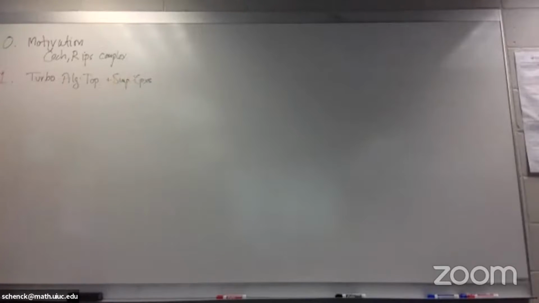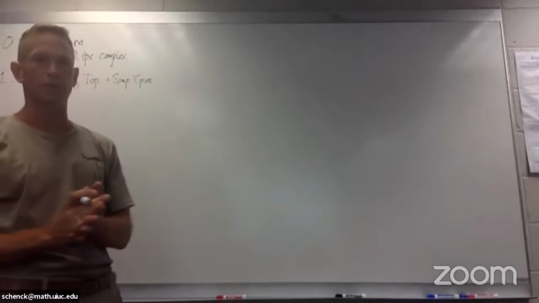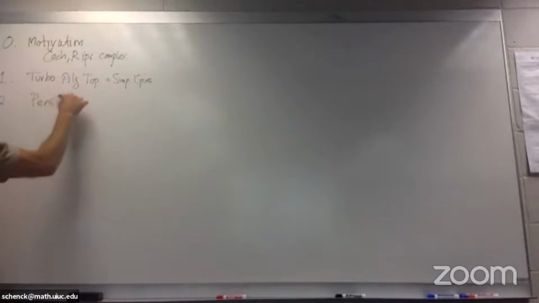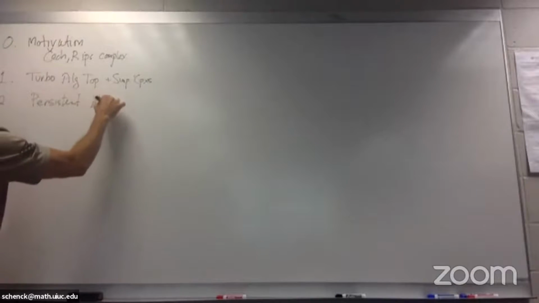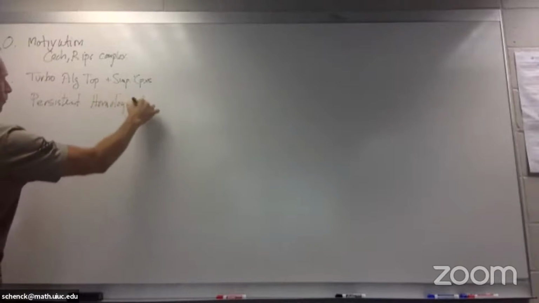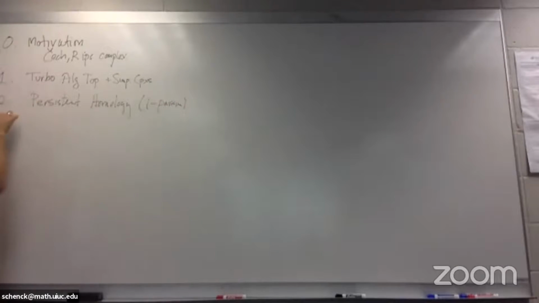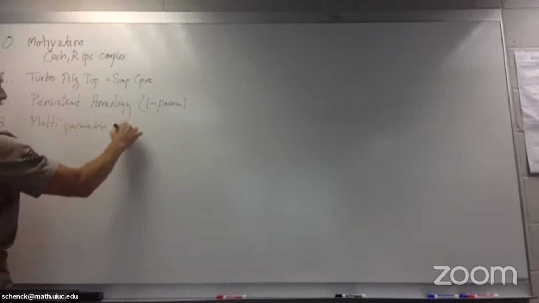So for those of you that are already sort of advanced students of algebra and topology, this will be a review, but this will make sure that we're all on the same page. And then 2 will be single parameter persistent homology with 1 parameter. And then the last part of the talk will be multi-parameter homology.